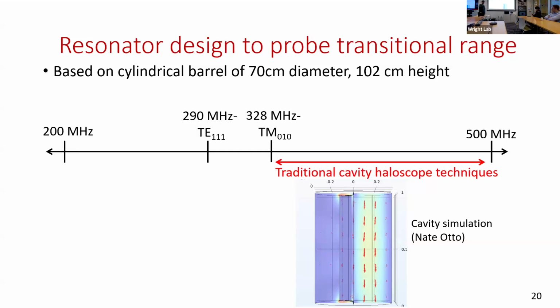And so one can go and calculate what the modes of that bare cavity are. And you find a TM010 mode of about 328 megahertz, TE111 mode of about 290 megahertz. So above 328, things are very familiar to the people from Haystack here. This is traditional cavity haloscope technique.